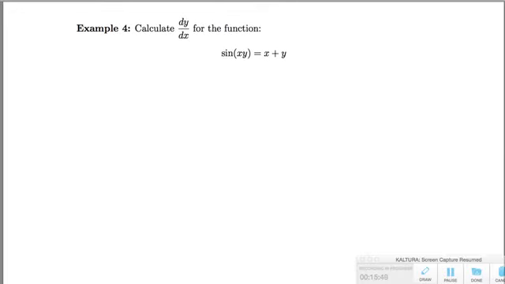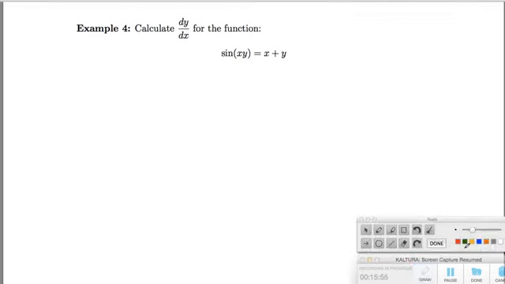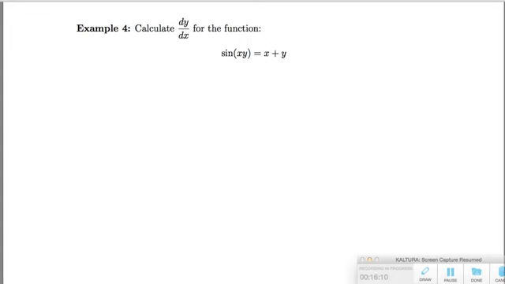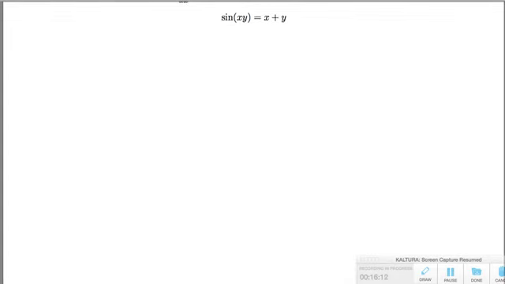All right, so let's say we're working with the function sine of x times y equals x plus y. Obviously, this would be very bad to try to solve for y. But amazingly, we will still be able to take the derivative of it, and we'll do that using implicit differentiation. So what I'm going to do is give myself a little extra space here.